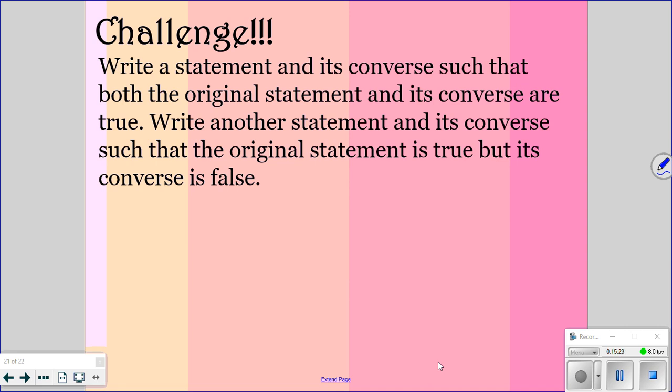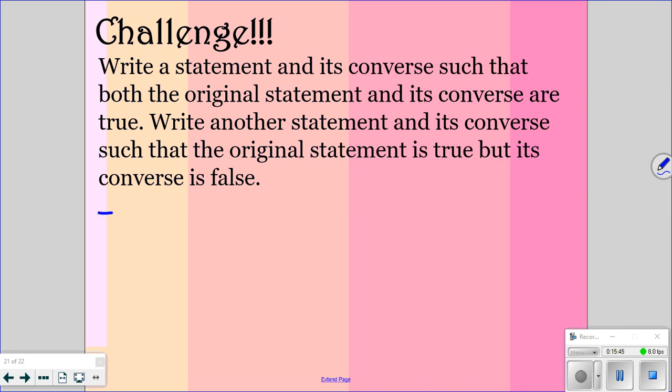And y'all can check with your partner and see if they got it right. All right, so I'll start with the second one, where the original is true, but the converse is false. So remember, converse is where they get switched.